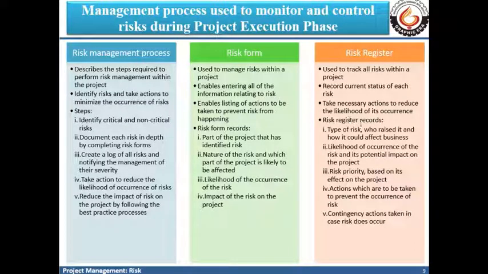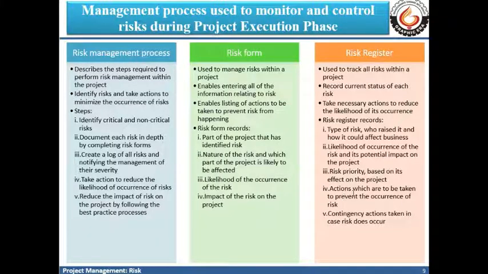In the risk register we have records like the type of risk, who raised it, and how it could be affecting our business. Then we record the likelihood of occurrence of that risk and the potential impact of that risk on a project. We also record the risk priority based on its effect on the project. So the more impact a particular risk has, the higher priority it will be assigned compared to other risks which impact to a lower extent.